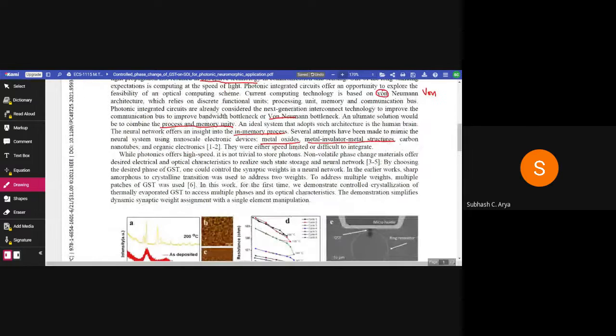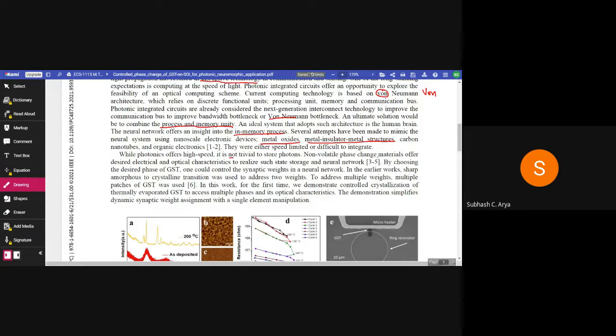They were either speed limited or difficult to integrate. While photonics offers high speed, it is not trivial to store photons.